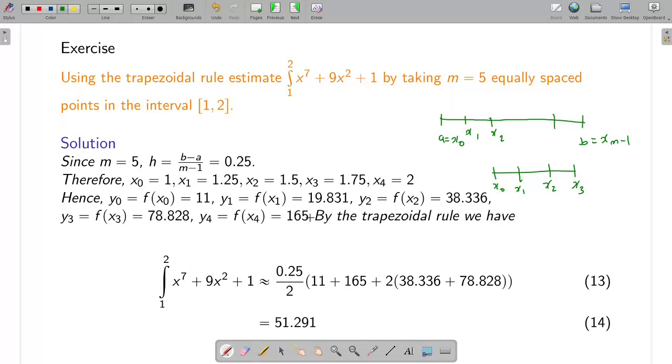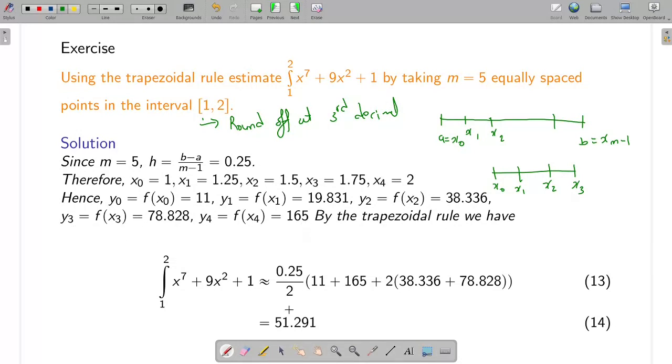You can use your calculator and you can see this is nothing but 19.831, rounded to the third decimal place. We'll be rounding off at the third decimal. Similarly, we can compute y2, y3, and y4.